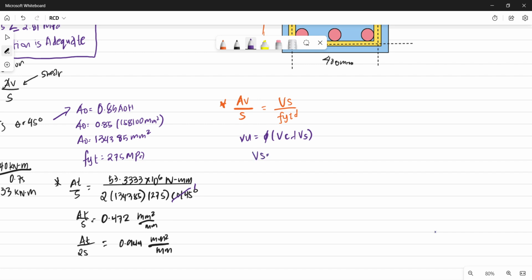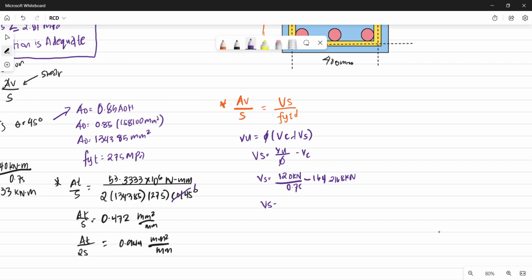So VS, your VS equal to VU over phi minus your VC. Your VU is 120 kN. Meron pa yung phi na 0.75. VC is equal to 164.2168 kilonewton.